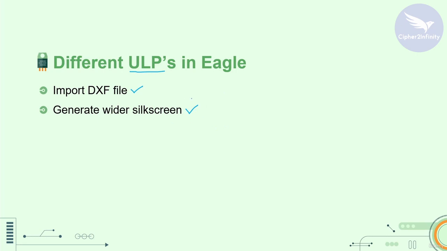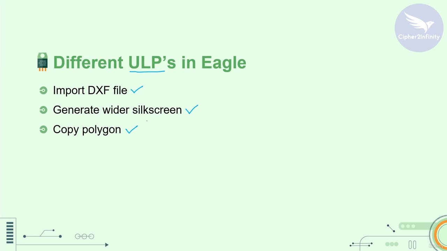So in such a case, we run one ULP which makes the silk screen a little bit thicker. Okay. And once the silk screen is thicker, then even a manufacturer with lower capability can print the silk screen on the PCB properly. Okay. After that, the next ULP is copy polygon.